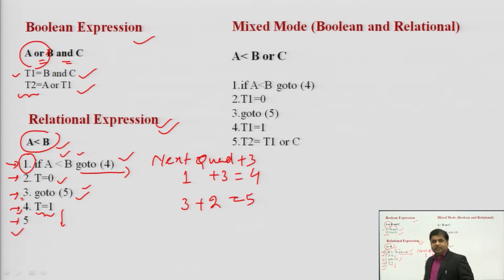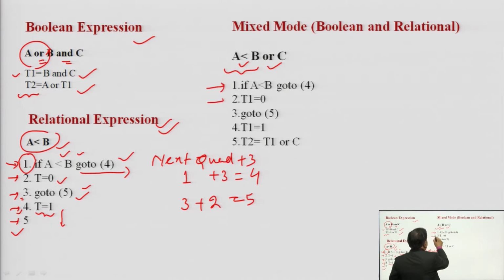Next, that is the crux of this class, the mixed mode expression. I am having the relational operator as well as the logical operations. This is the mixed mode. Here we have to write the three address code for the relational operator as well as for the logical operations. So, first A is less than B. Again, this is my quadruple 1, 2, 3, 4 and 5.